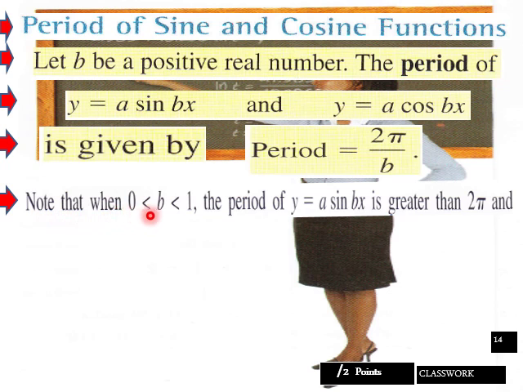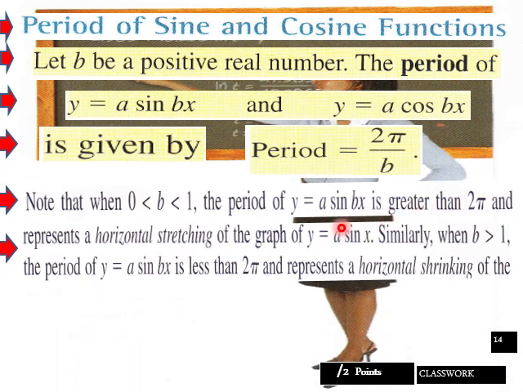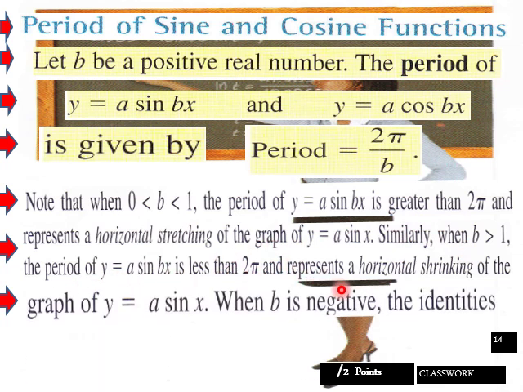Note that when 0 is less than b, b is less than 1, the period of y equals a sine bx is greater than 2 pi and represents a horizontal stretching of the graph of y equals a sine x. Similarly, when b is greater than 1, the period of y equals a sine bx is less than 2 pi and represents a horizontal shrinking of the graph of y equals a sine x.